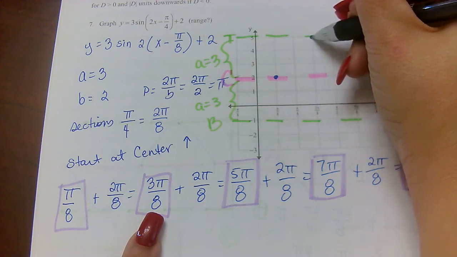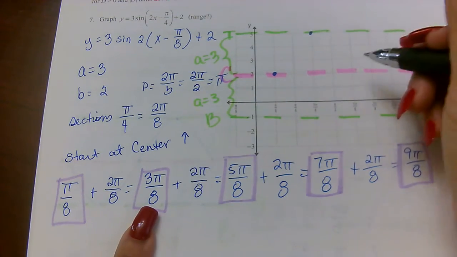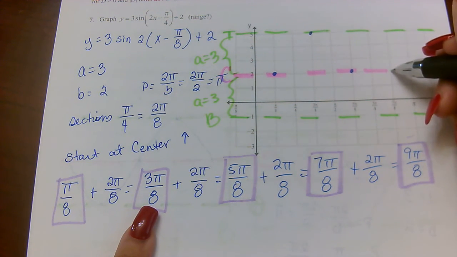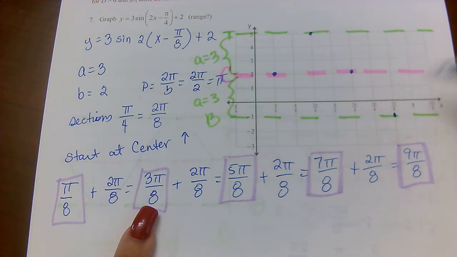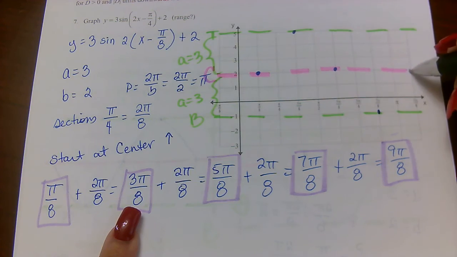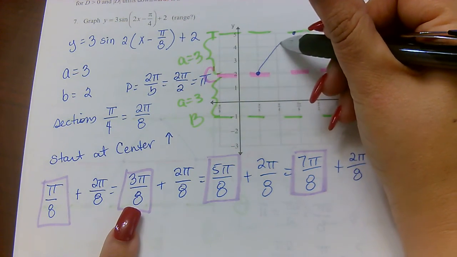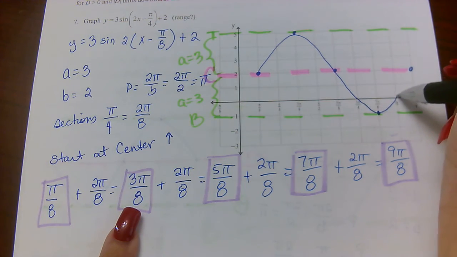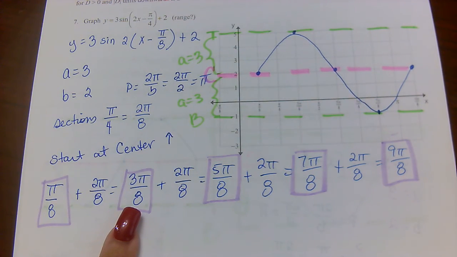So we're going to go to the next point, which is there. Then we're going to go to 5 pi over 8, and we're going back to the center. And then 7 pi over 8, we're going to go to the bottom, keep that pattern going. And then 9 pi over 8, we're going to go back to the center. So our graph now is very similar to the one that we had before, except it's shifted up 2. So that's your answer for that one.